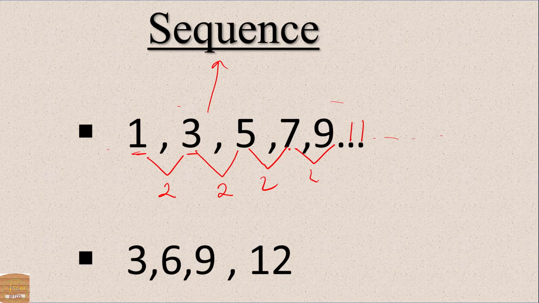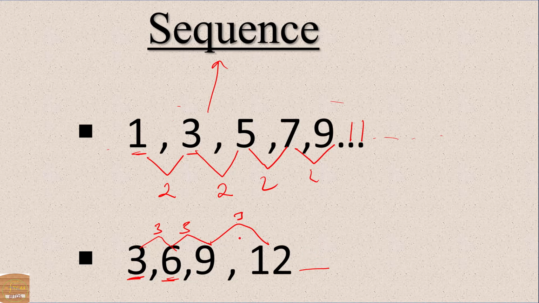Between 3 and 6, the difference is 3. Between 6 and 9, the difference too is 3. Between 9 and 12, the difference is 3. So what will be the next number? Guess it, and you can write it under the comment section.